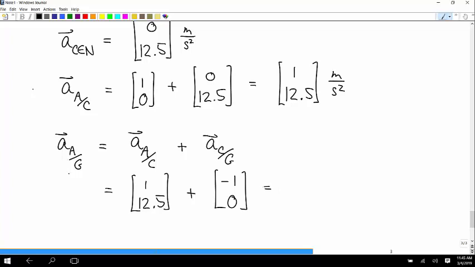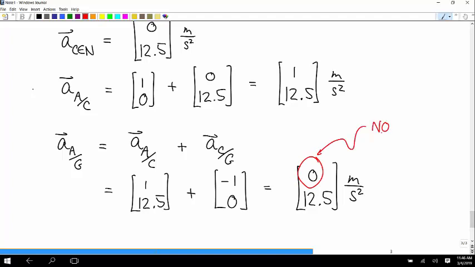And so we get an acceleration of that point A that's equal to 0 for x, 12.5 for y. And so that 0 comes out the way we expect because there's no slipping. That doesn't mean the acceleration is 0. There's also that centripetal part of the acceleration toward the center of the circle.